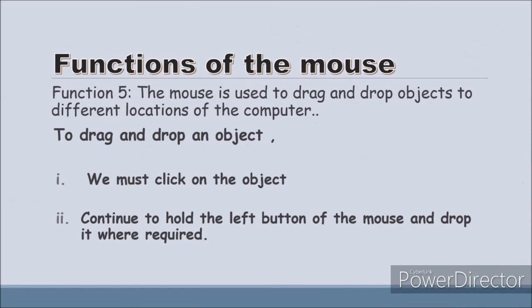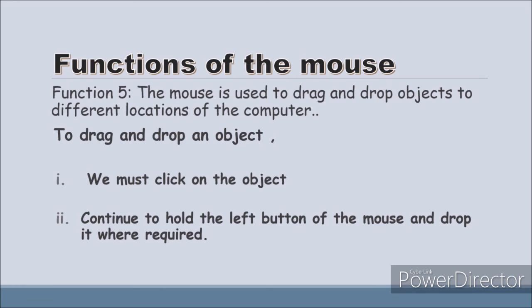Another function is to drag and drop objects to different locations of our computer. For example, I ask you to drop a picture in a folder. So how will you do it?